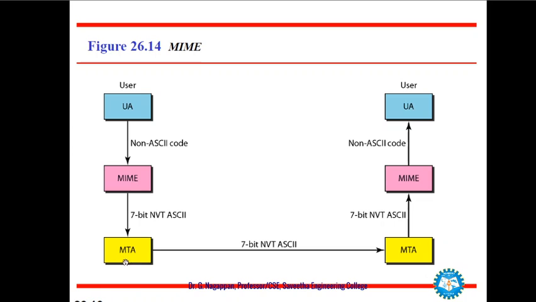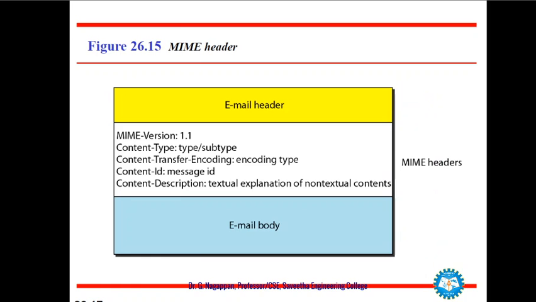That is passed on to the message transfer agent, and that is the format in which it is transmitted. On the receiver side, the corresponding MIME converts it back into the non-ASCII format, and the user agent receives that and sends it to the user. This is the purpose of MIME.